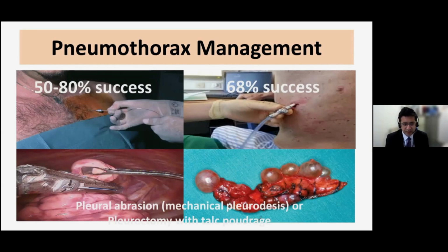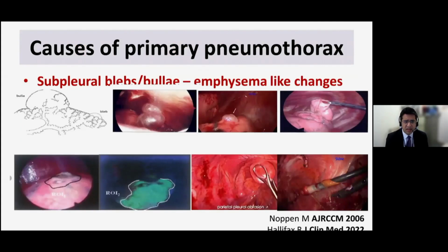So when we think of primary pneumothorax, we think of patients having reasonably normal lungs, but they don't. You can see in this picture at the top that these patients often have emphysema-like changes with these subpleural blebs. And then in this picture at the bottom, this is thoracoscopy performed by Martin Noppen in Belgium, where patients who had pneumothorax in the past, he gave them inhaled fluorescein.